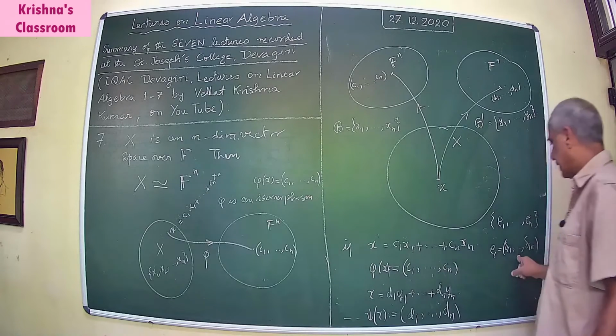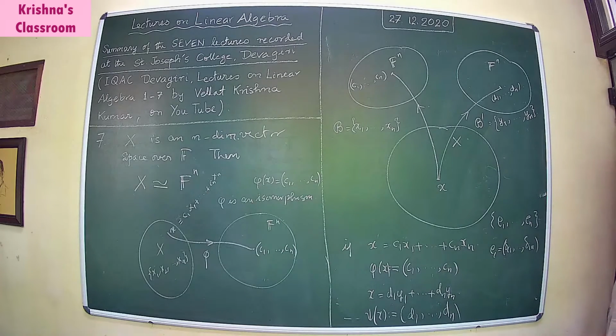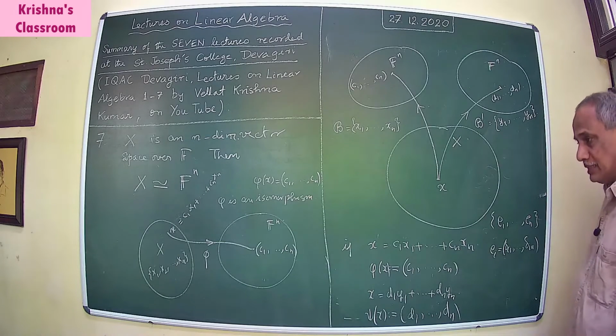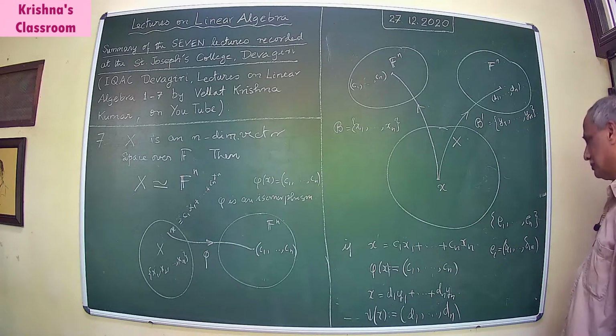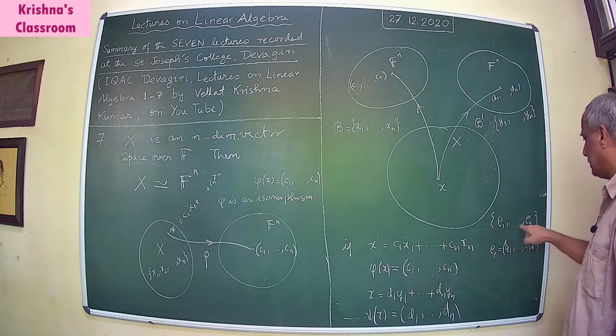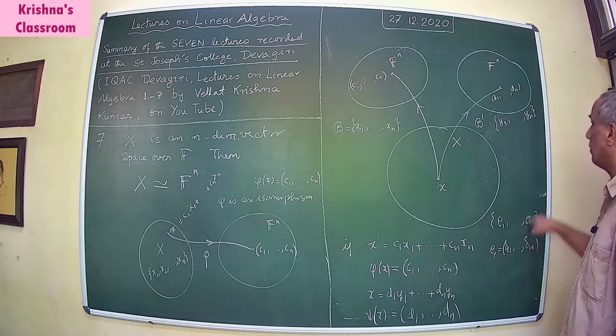That means at the ith place it is 1 and all other places it is 0, where 1 and 0 are the multiplicative identity element 1 and the additive identity element 0. So you have these vectors, and this forms a basis for Fn.